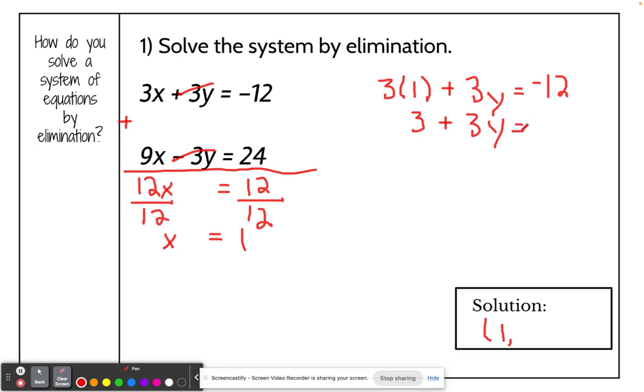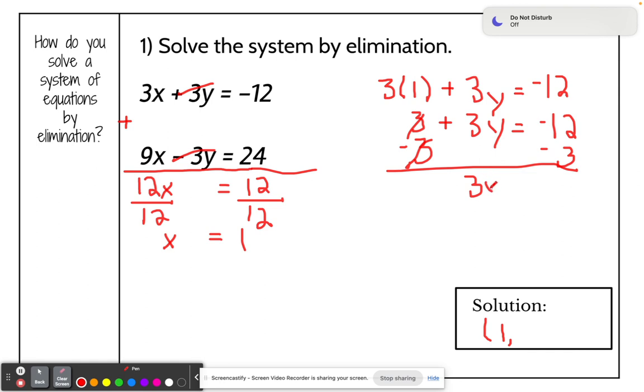I'm at a two-step equation. I can just subtract 3 from both sides. I get 3y equals negative 15.